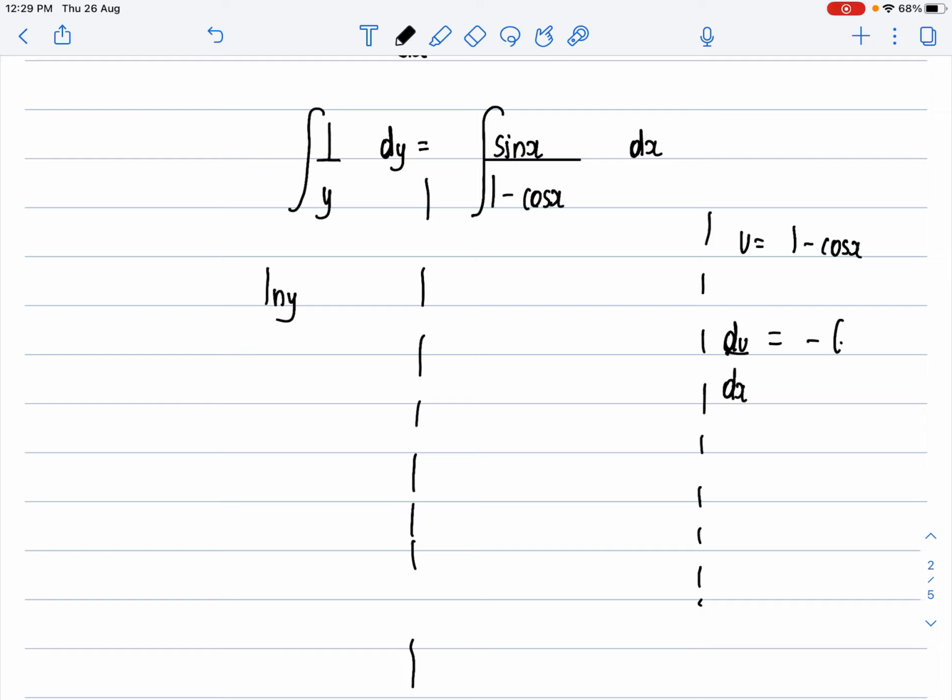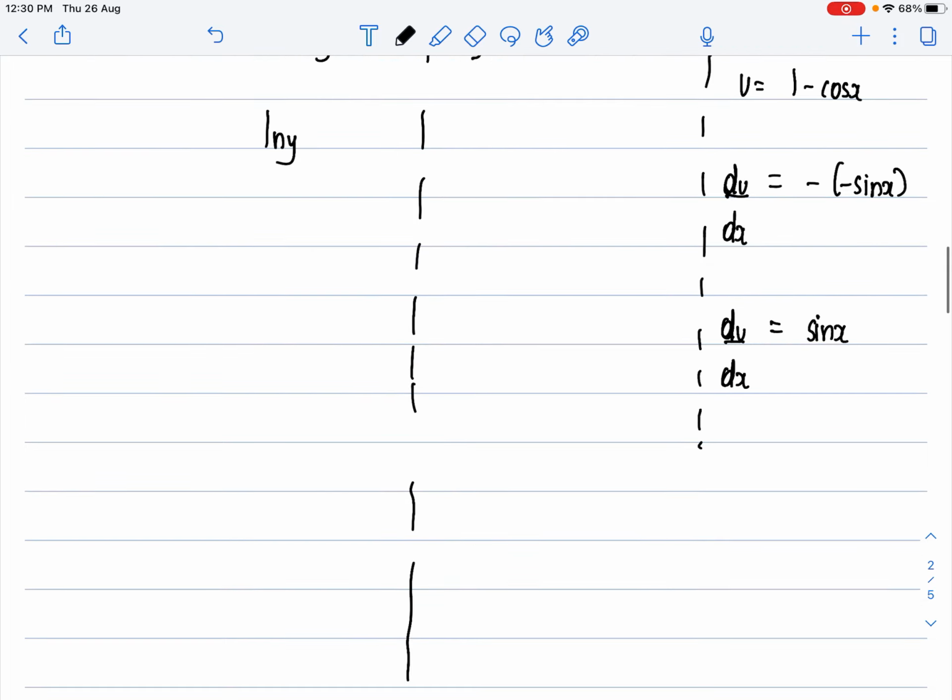I get minus into minus sin x, so I get my du by dx as sin x. Now I write this as du by sin x equals dx.